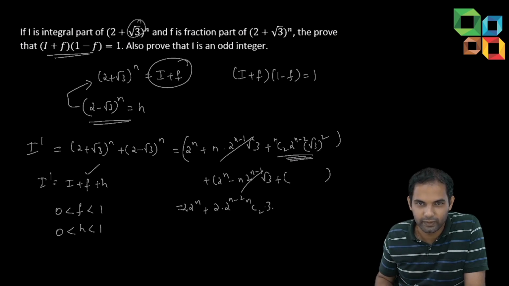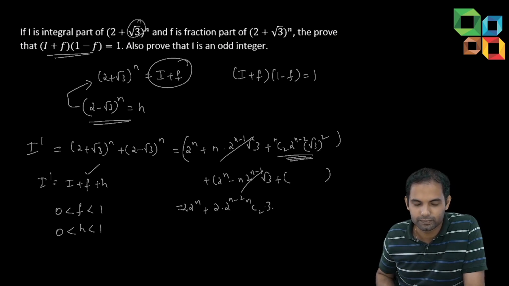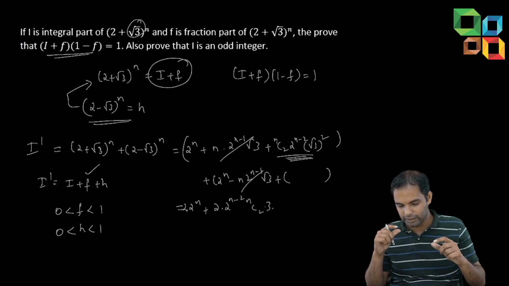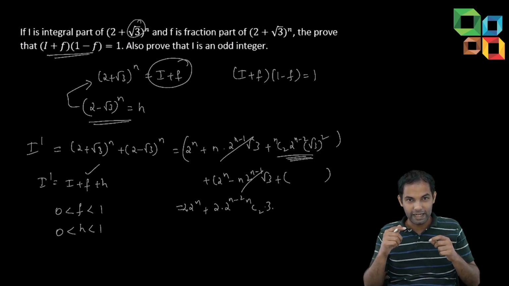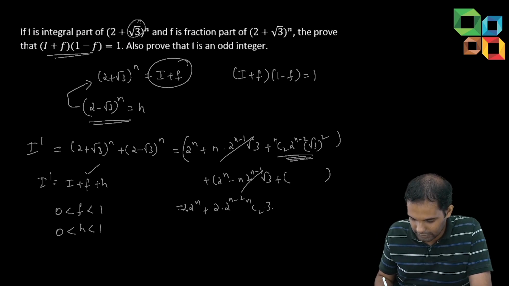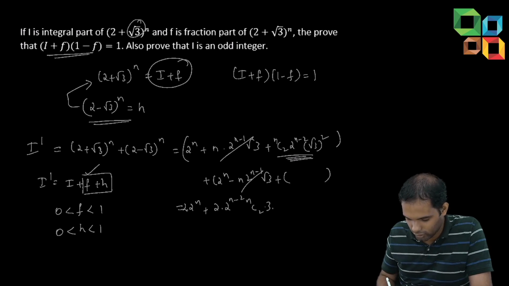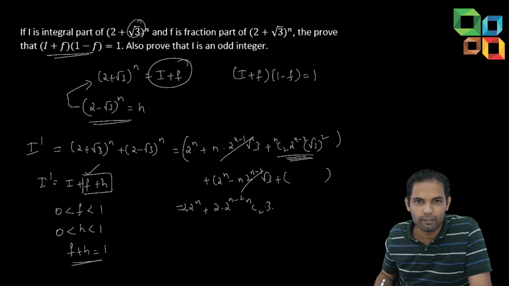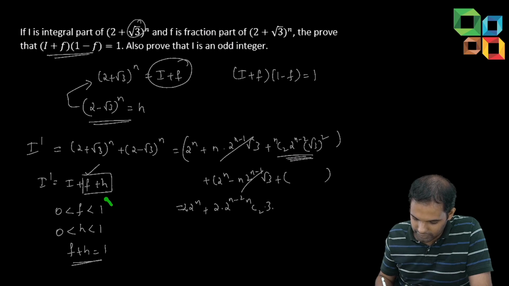Both are not equal to 1 anyway, and they're not even equal to 0. So they're strictly between 0 and 1. But if I add them, I'm getting an integer, and I can get only one integer. So f plus h can be equal to only 1. Why? If it is equal to 2, this sum is not possible, right?